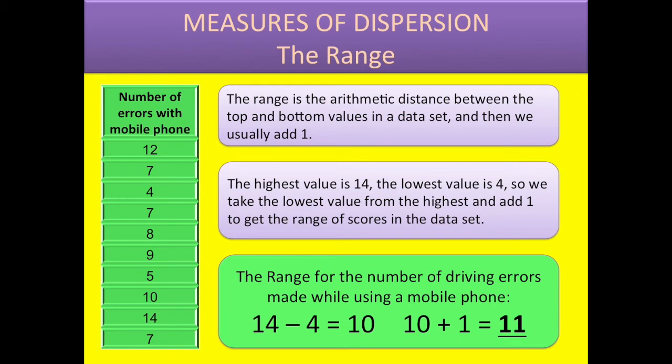So in our data set for number of errors with a mobile phone, the highest value is 14, so that was the most amount of errors somebody made, and the lowest value is 4, so that was the least amount of errors. So we take the lowest value from the highest and add 1 to get the range of scores in the data set. In the exam, you must show your working out, so you would show 14 minus 4 equals 10, 10 plus 1 equals 11. So the range for the number of driving errors made while using a mobile phone is 11.